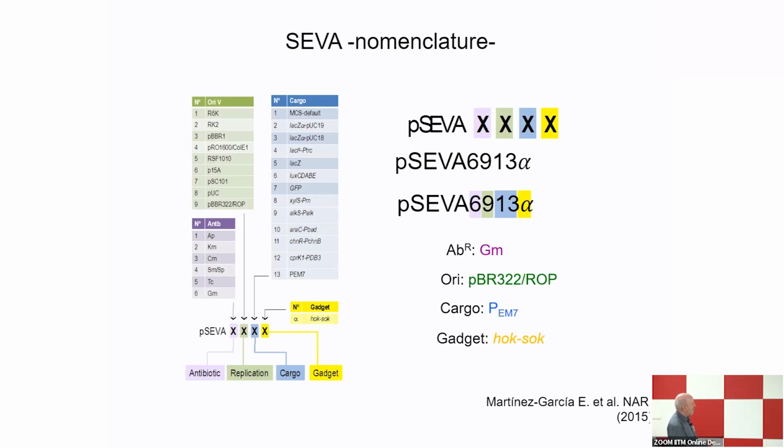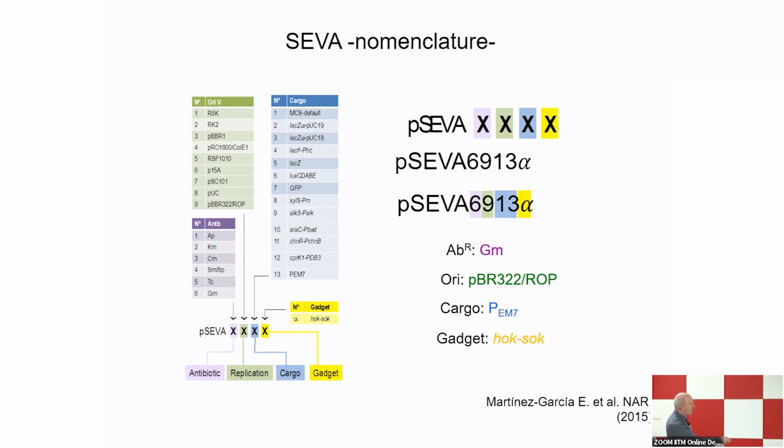That means that you have, in this first position, that is antibiotic resistance, you have gentamicin. The origin of replication is this one that comes from environmental isolate.